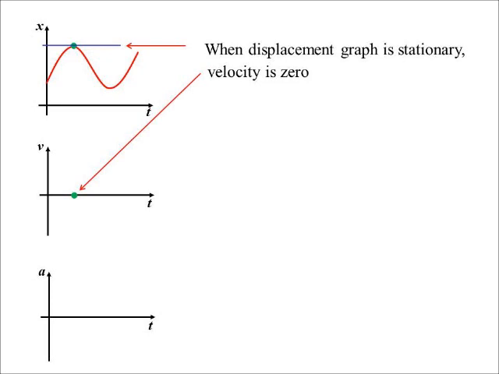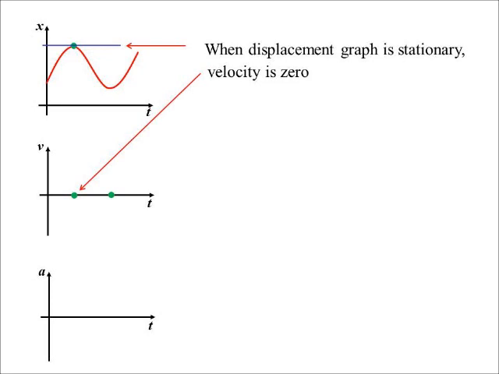That's why sometimes when I'm drawing these, I like to put them underneath each other, so I can just translate the information straight down. So velocity, bang, I know I've got the t-intercept. Well, there's another stationary point down here, so I know I've got another intercept there.